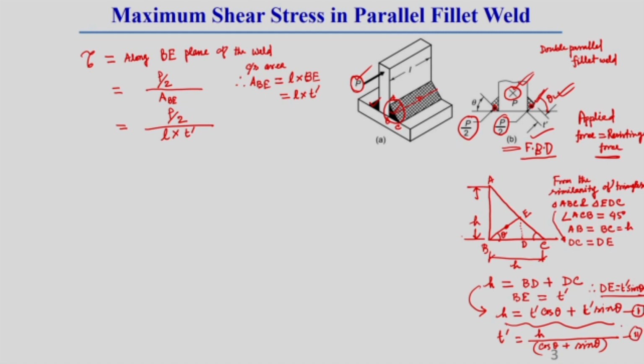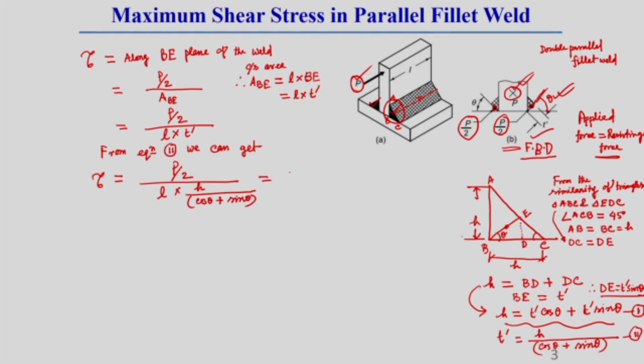So, from equation number 2 we can get tau is equal to P by 2 divided by L, instead of T dash, in terms of A's, which is A's by cos theta plus sin theta, correct.